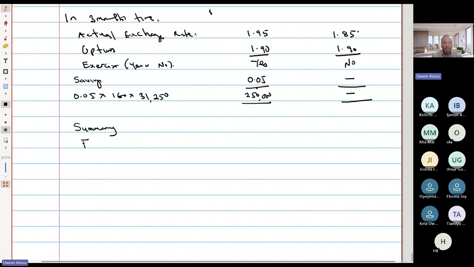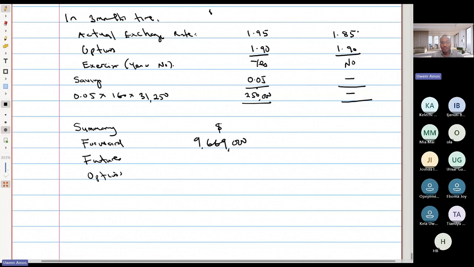What do we have on the forward, on the futures, and on the options, so that we can advise these guys properly on what to do? So under forwards, we had 9,669,000.